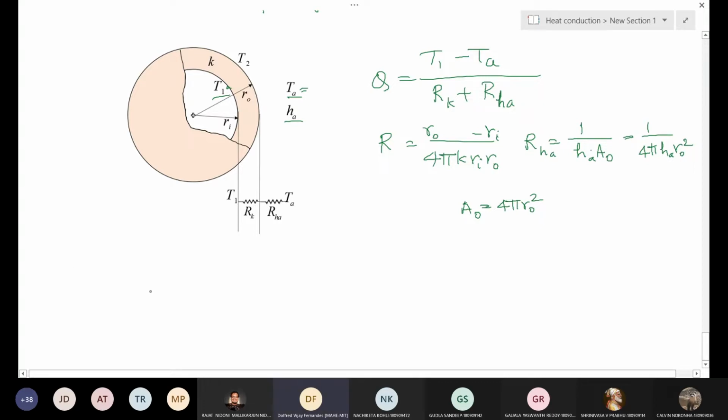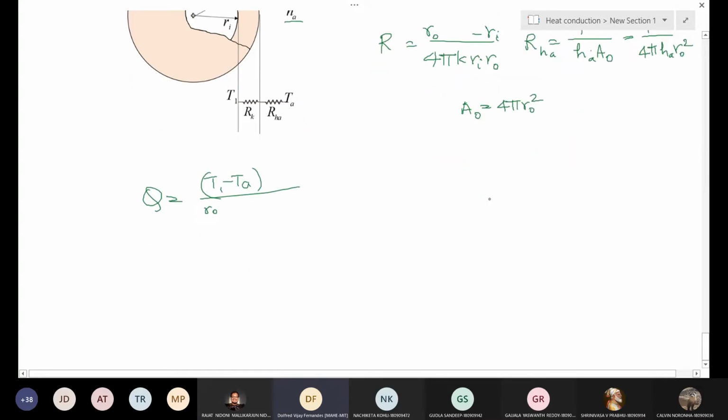Or you can write Q equals T1 minus T_A divided by, you can separately write only the resistances, (R0 minus Ri) divided by 4 pi K Ri R0, plus 1 by 4 pi H_A R0 square.